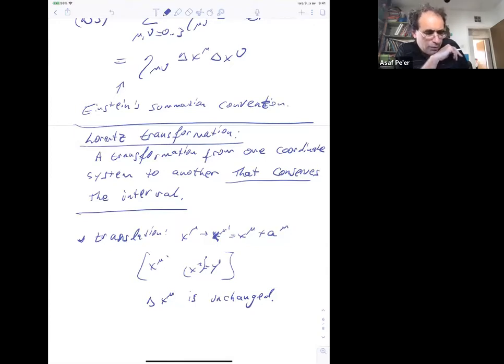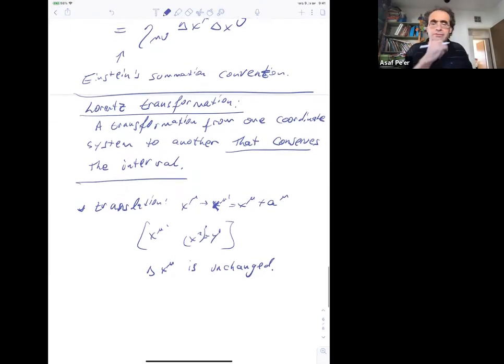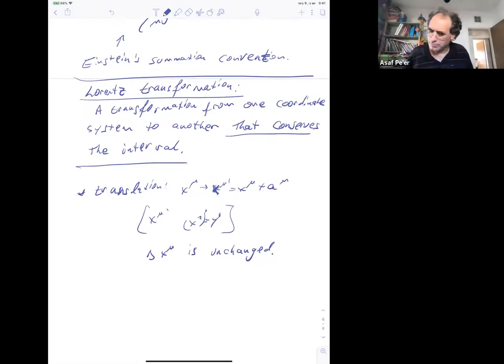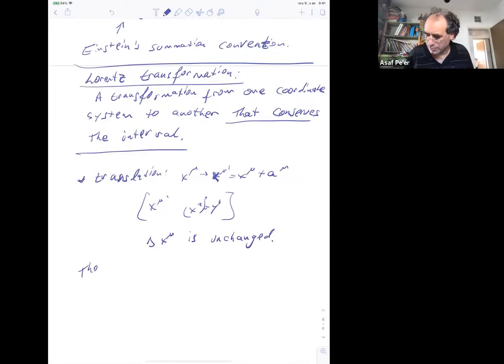Now the only other kind of linear transformation is to take the 4 vector x mu and multiply it by a space-time independent 4x4 matrix, which I'm simply going to write down as x mu prime equals lambda mu prime nu x nu, with one upper and one lower index.